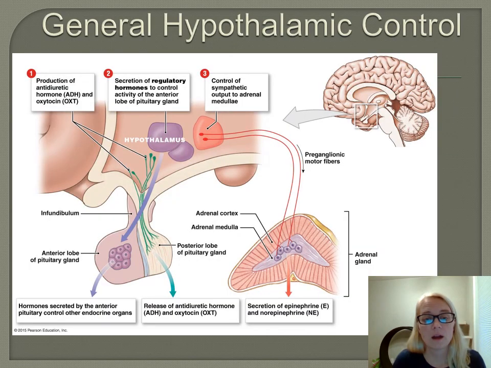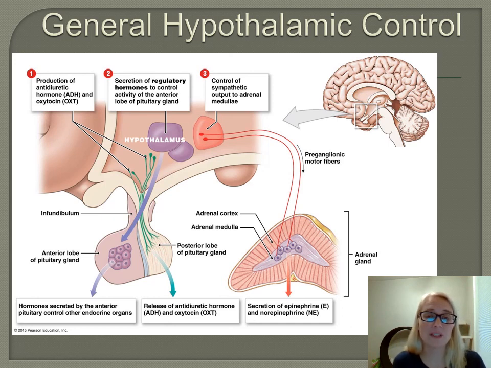All right, the last thing we're going to cover in this introductory lecture is general hypothalamic control. How does the hypothalamus regulate primarily the pituitary and the adrenal medulla, because the pituitary is such a huge deal. And we're going to talk about it a little bit more in the pituitary gland video as well. When we are talking about how the hypothalamus controls other endocrine organs, there are three major ways.